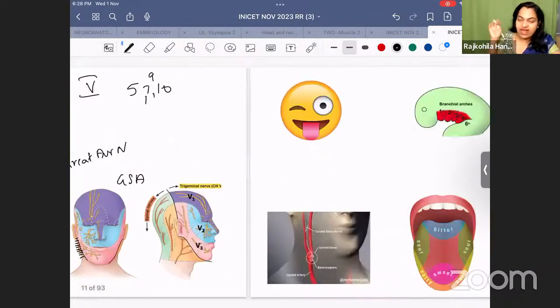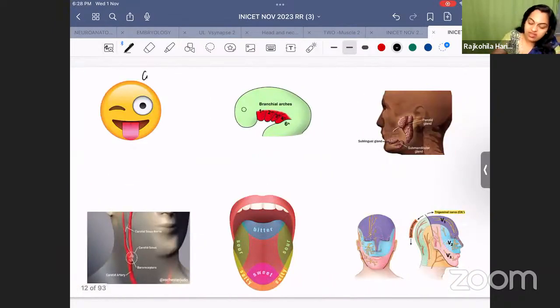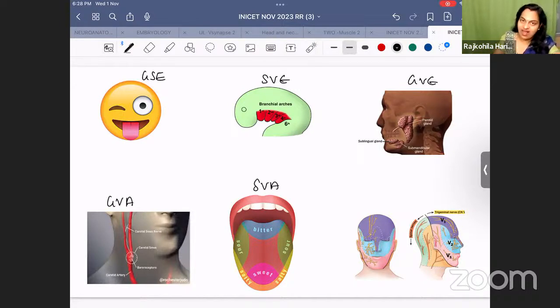So this diagram will do it. General somatic efferent, special visceral efferent, general visceral efferent, general visceral afferent, special visceral afferent, general somatic afferent.